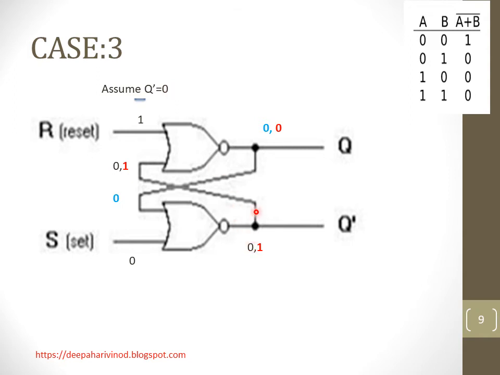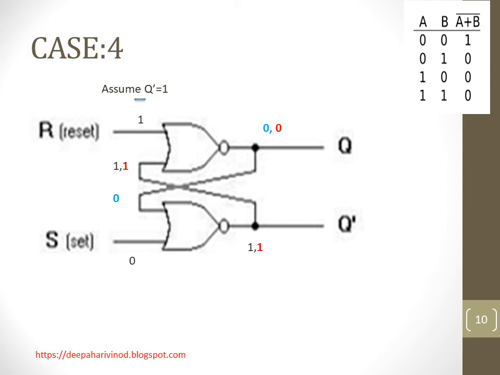So, 0 goes here, 1 and 0. What is that? 1 and 0, it is 0. So, here we can see this 0. That 0 comes here and 0 and 0 we know it is 1. That 1 goes there, 1 and 1 it is 0. So, when R is 1, the Q output will be 0. That is, it is cleared or reset and Q bar will be 1. That is the output. So, this is the first condition where Q bar is assumed as 0.